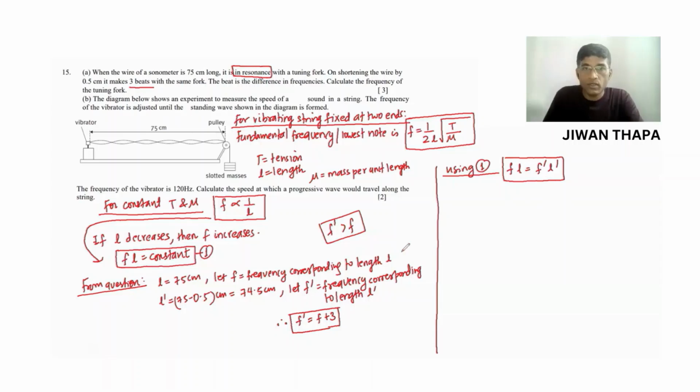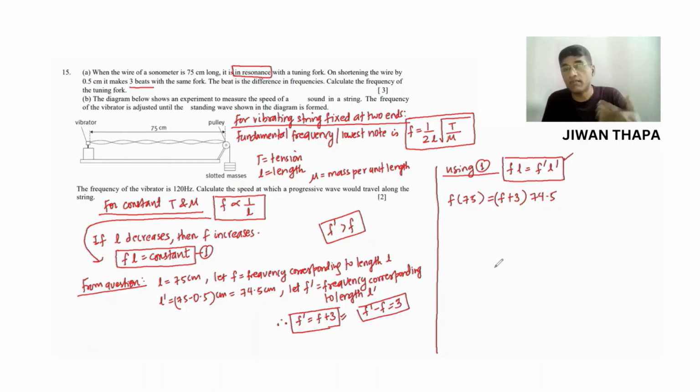So from this equation, f times 75 equals f dash, which is f plus 3, times L dash, which is 74.5. And we can write f dash minus f equals 3, and 3 is the beat. As we know, beat is the difference in frequencies.